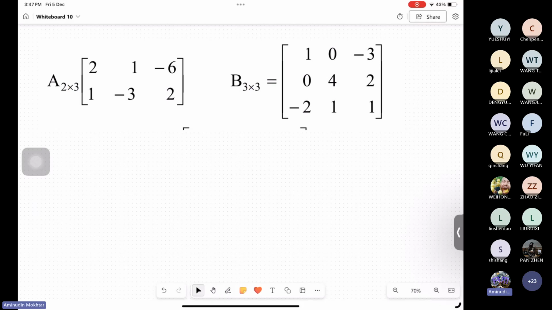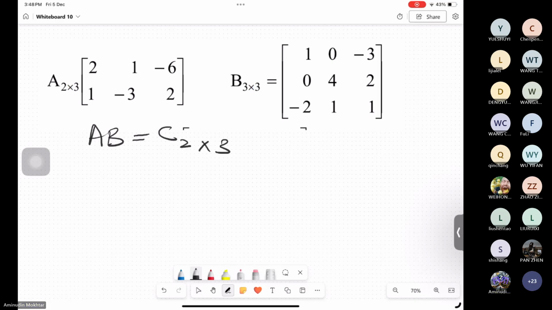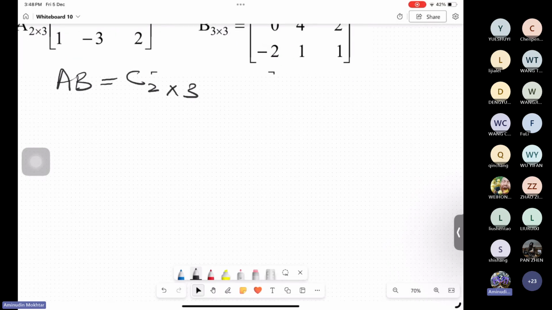Let's say we have a matrix A and matrix B. So we know A and B, we can find the product AB. The product AB equals C, where C has the size of 2 times 3.